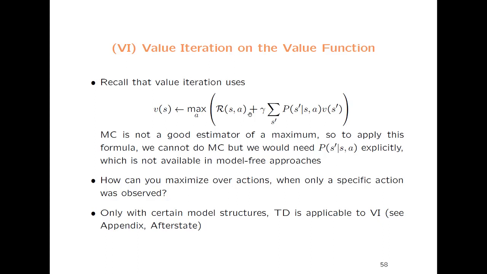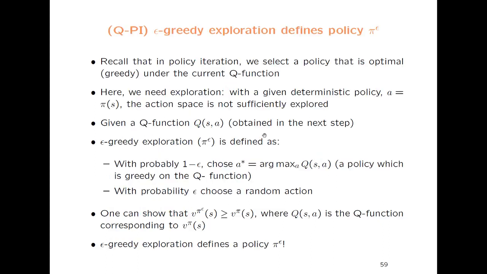It might be a very noisy estimate. So this does not work immediately like this. Only if there's a certain model structure, then this can be applied. And we will discuss this in the appendix. The important term here is the after state. So in general we cannot do this, but in some cases we can.